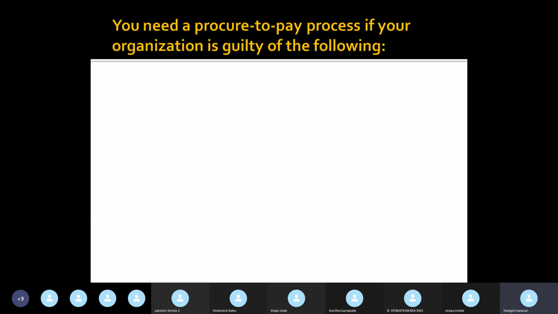You need a procure to pay process if your organization is guilty of the following: frequent duplicate payments, being prone to fraud, money leakage.